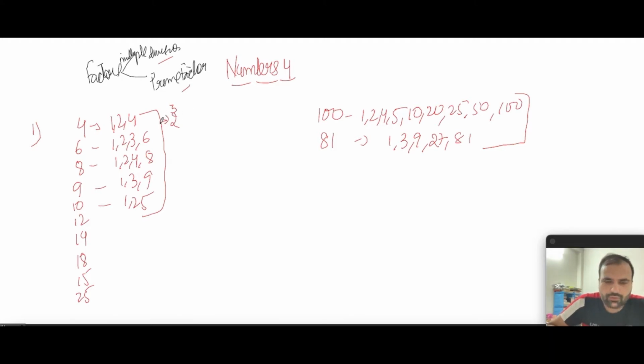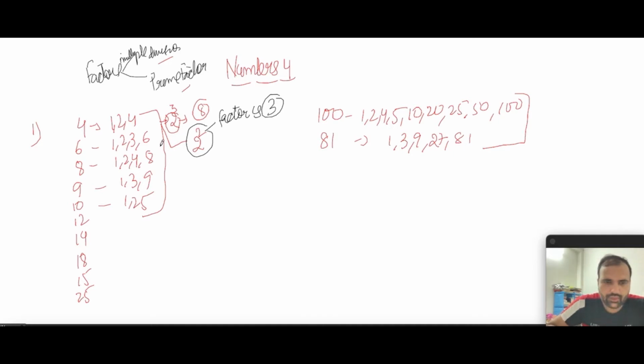We cannot write it like this, because it means we are not getting the right number. So we write 4 as 2 to the power 2. Now observe: the power is 2 and the number of factors is 3. Got it?